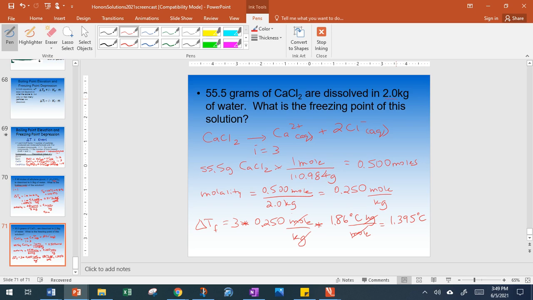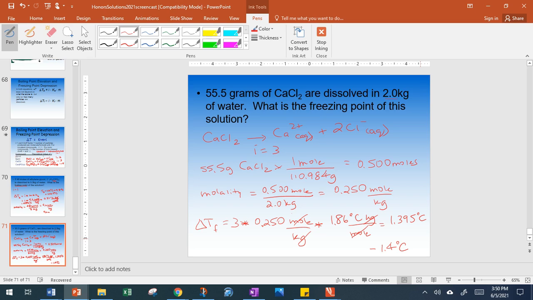So when I take 0 minus this, I'm going to get negative 1.4 degrees Celsius. So you can assume here this should have 2 sig figs, and you can assume that 0 degrees Celsius has one place past the decimal, so you don't lose too much information. So that is the freezing point of the solution, is 1.4. It's not positive 1.4, it's negative 1.4 since we subtract our delta T.